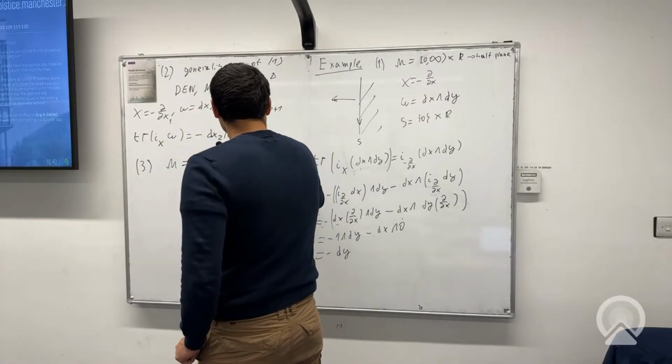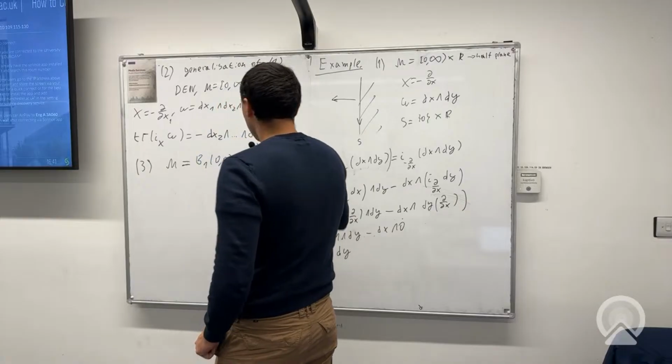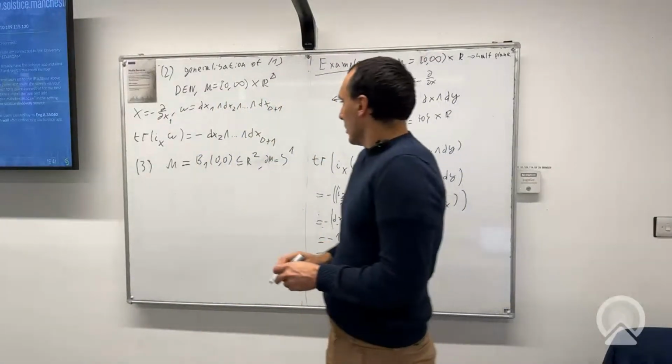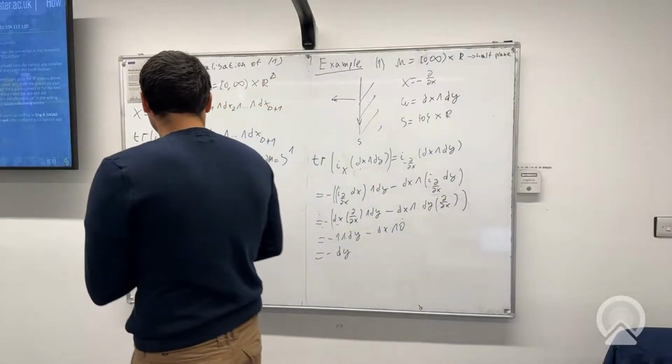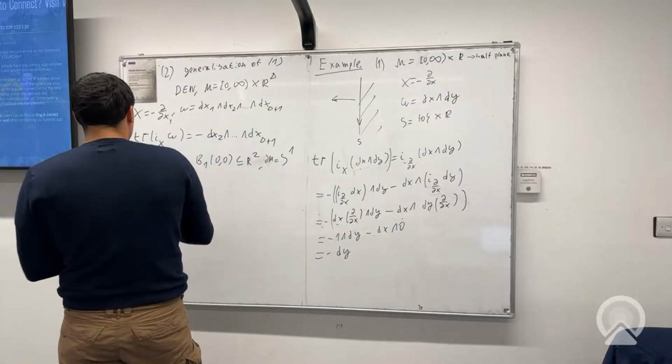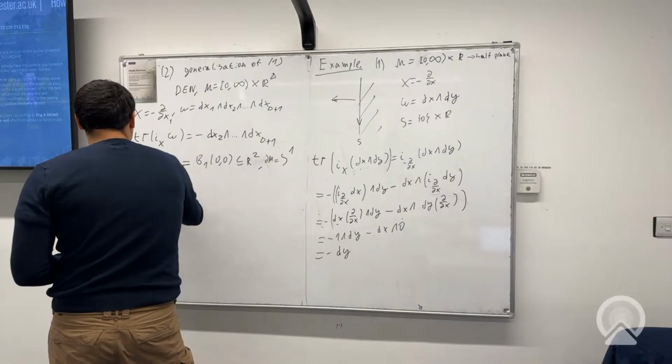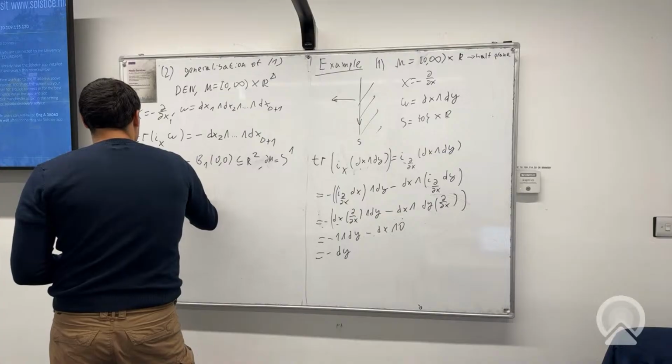The boundary of M is S1, the unit circle. So we have X, we set it as x d dx plus y d dy.